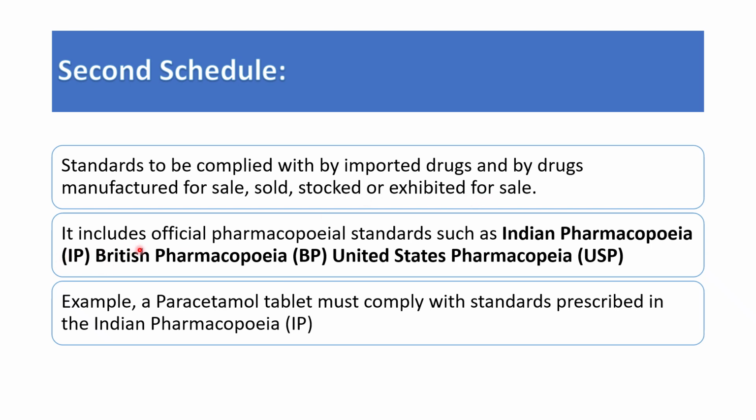It includes official pharmacopoeia standards such as Indian Pharmacopoeia, British Pharmacopoeia and यूनाइटेड स्टेट फार्माकोपिया. सो जो भी फार्माकोपियल स्टैंडर्ड्स है, वो शेड्यूल सेकेंड के अंडर कम्स. जैसे कि पैरासिटामोल टैबलेट मस्ट कंप्लाई विद स्टैंडर्ड प्रिस्क्राइब्ड इन द फार्माकोपिया. सो जो भी स्टैंडर्ड्स आते हैं डिफरेंट ड्रग्स के लिए, that comes under schedule second.